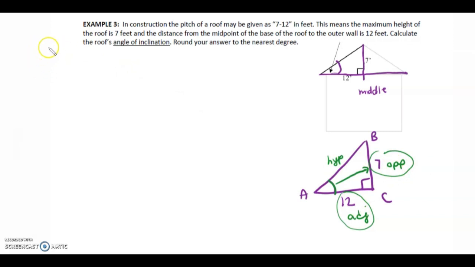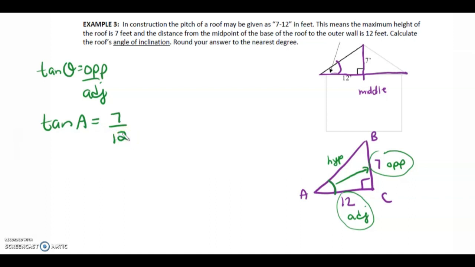And we know from the previous question, example 2, we're going to be dealing with tan. So tan theta equals opposite over adjacent. So tan of angle A equals 7 over 12. Now, if we put 7 over 12 in our calculator, we are going to get a very long, ugly number, 0.583333, and continue.